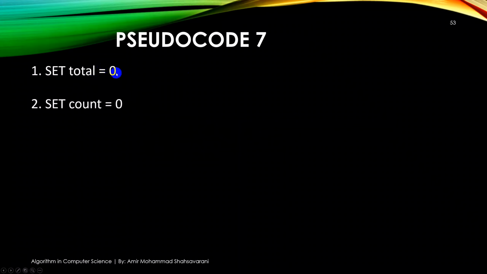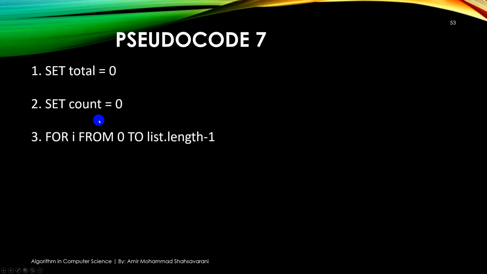And because it's summation, in summing up, we can give 0 to the variable, but if we are just multiplying or dividing, we shall put 1 in it. So set count, we don't know how many we have in our list.